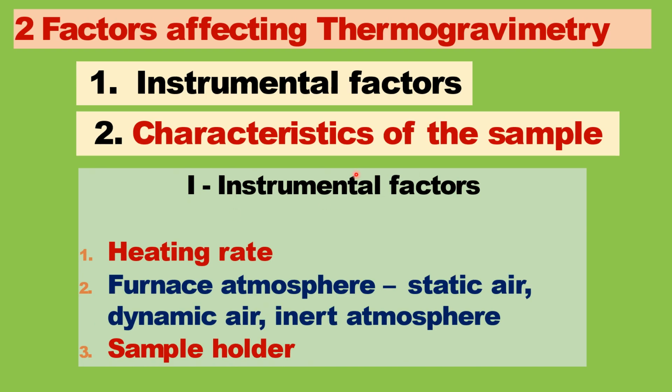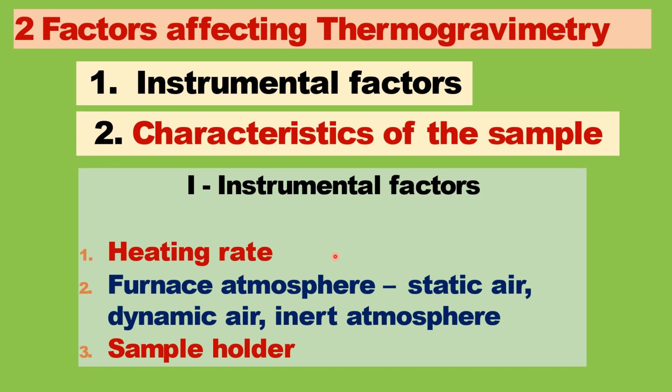For example, the thermogram will be affected by the heating rate. If the heating rate is very high, some of the processes will not be seen. So we need to heat at an optimized heating rate.